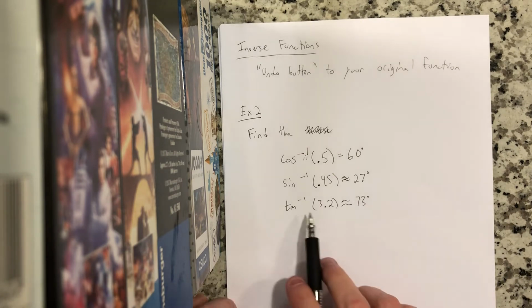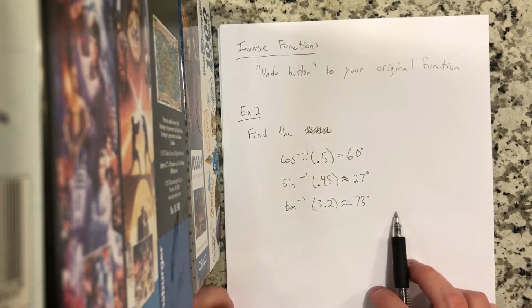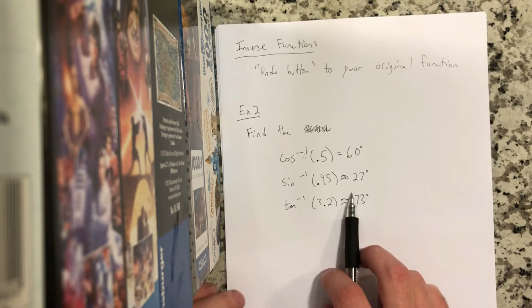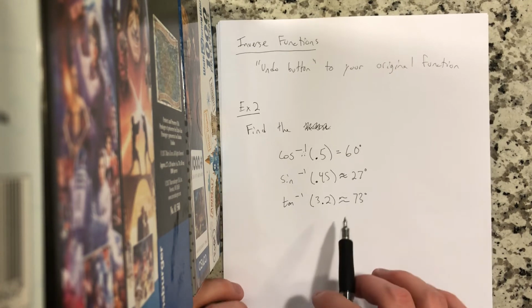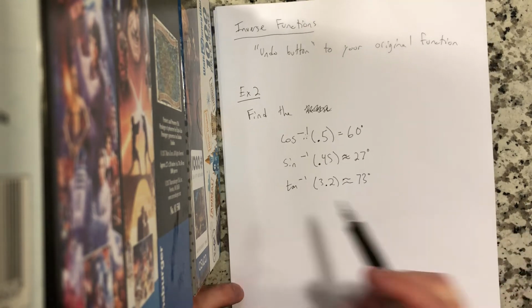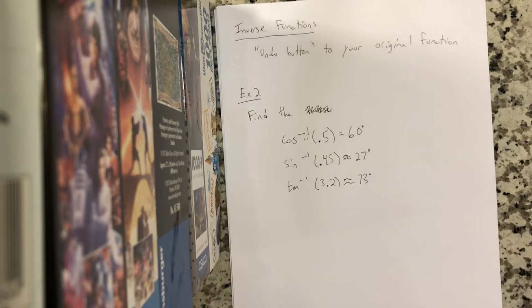So again, make sure your calculator will give you these values. If you're trying a bunch of things, make sure you're in the degrees mode again. Make sure you're typing it in the correct order. And if you're still having issues, let me know, and I'll try to figure it out. Okay.